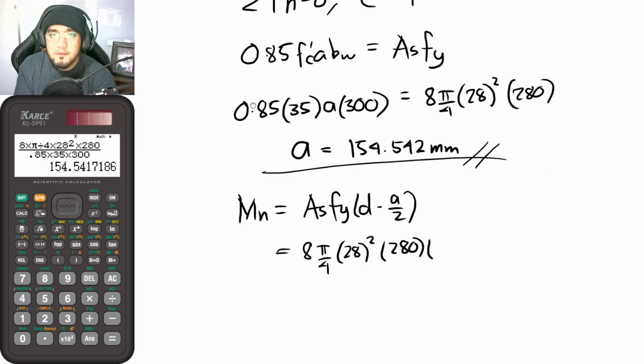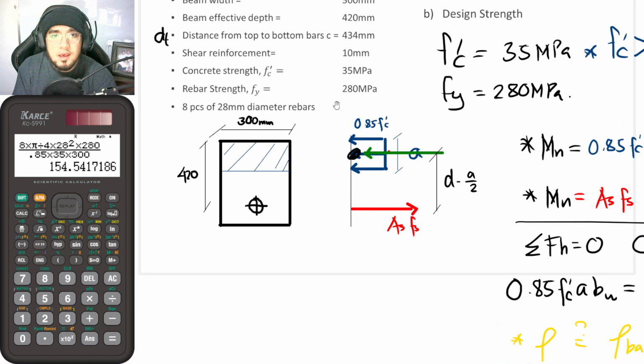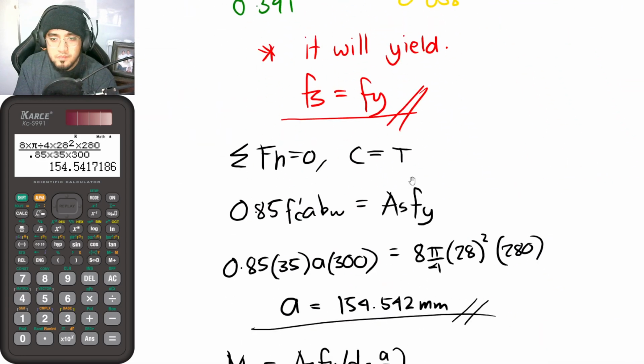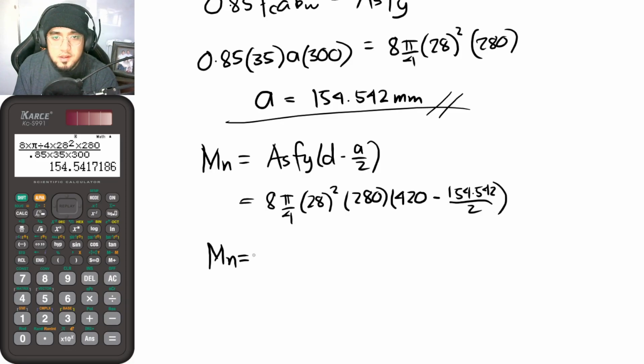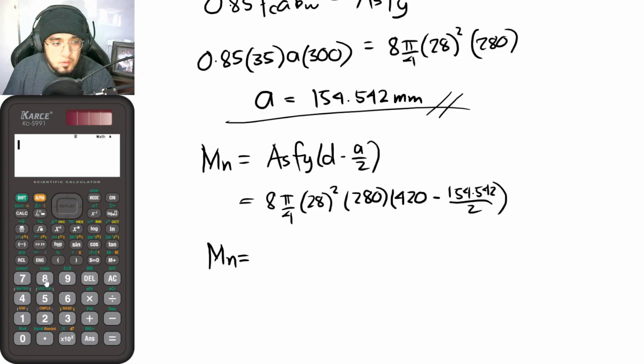Our value for d is 420, so 420 minus a over 2, which is 154.542 over 2. So Mn is now equal to 8 times pi over 4 times 28 squared times 280 times (420 minus 154.542 over 2).